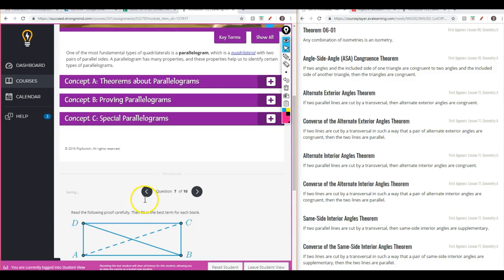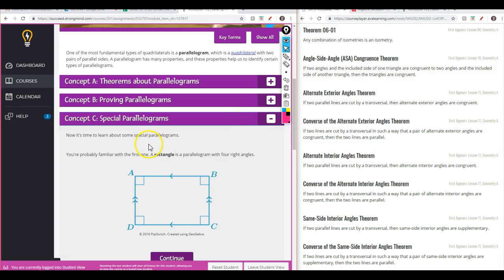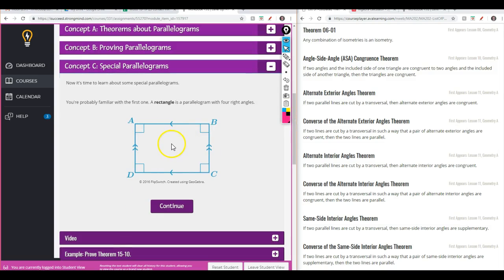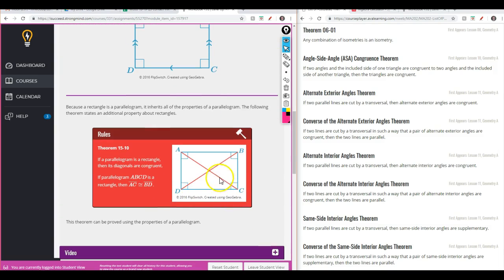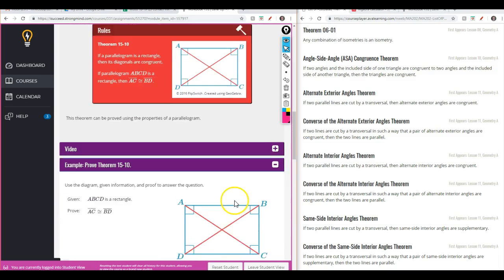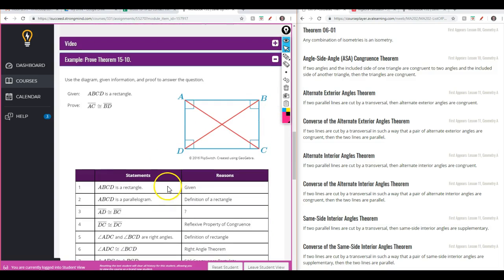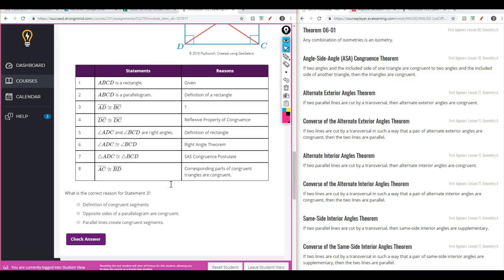One way we could check is by clicking this tab, Special Parallelograms, and clicking Continue, and just scanning to see where it's talking about.